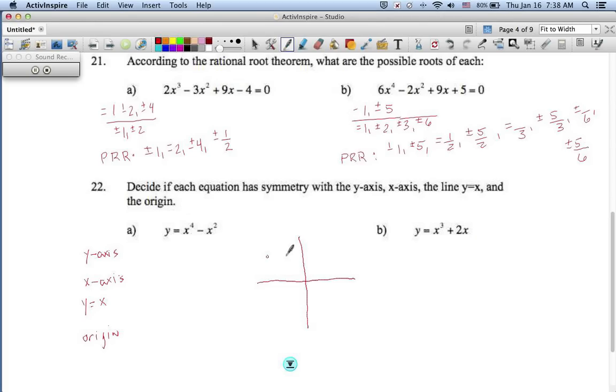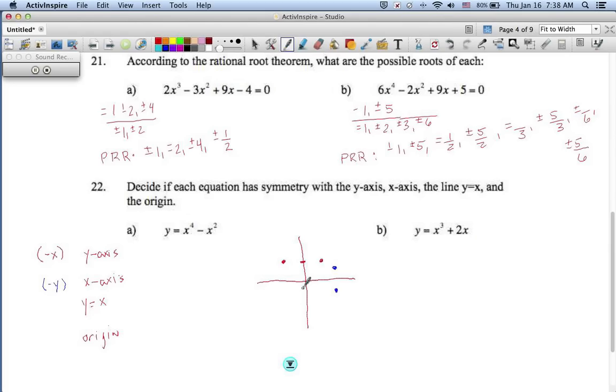If I have symmetry to the y-axis, that means it's something like this, right? The x values are opposite while the y values remain the same. So this one I'm going to negate my x value. If I have symmetry to the x-axis, that means I have something like this, which means my y values become opposite.